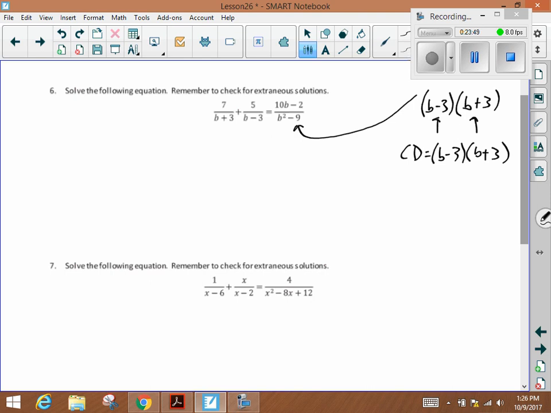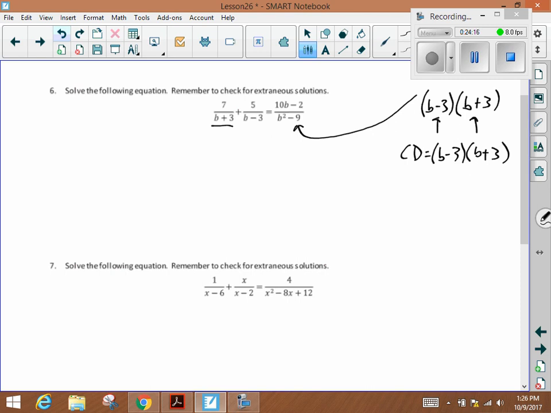Okay, so check it out. I'm going to skip a little first step, and let's see if you guys feel comfortable with that, right? I know that if I multiply this times this, my b plus 3s are going to just cancel, yeah? So why not just go ahead and leave it out in the first place, right?